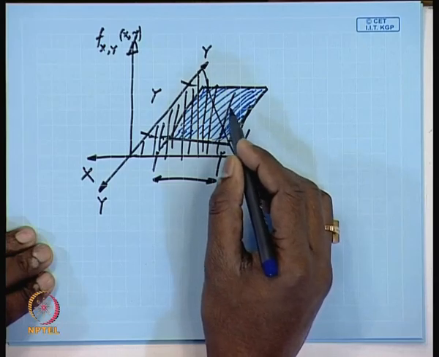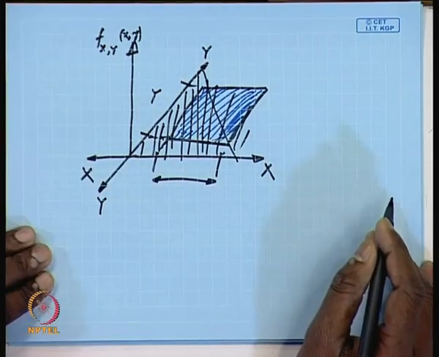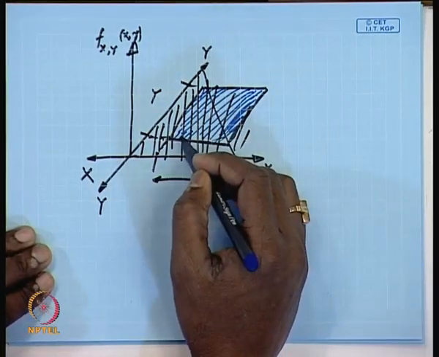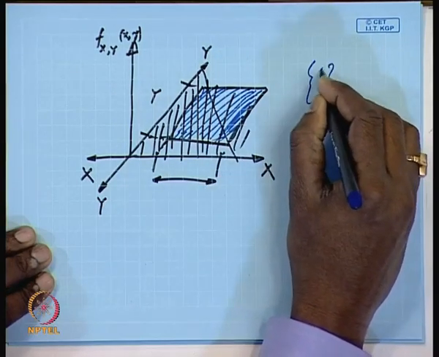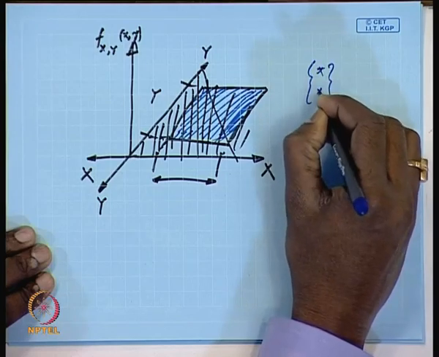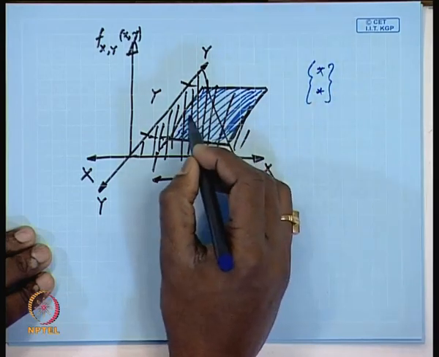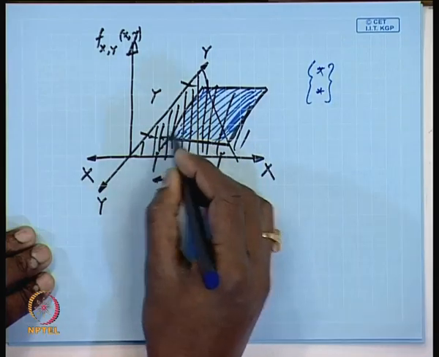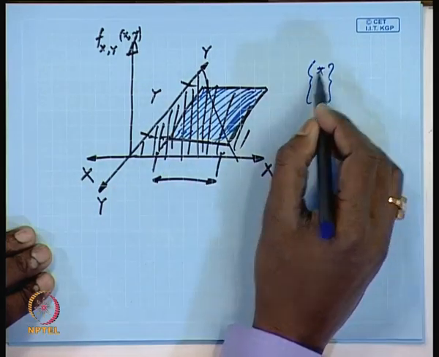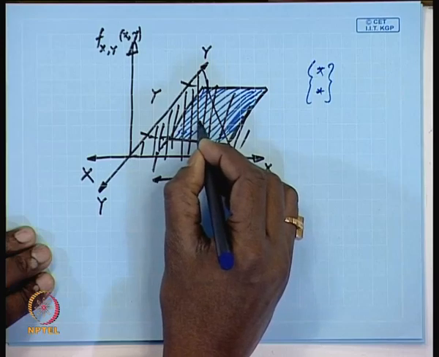Here we used one word, the n-tuples. In the bivariate case, only two things are associated, because x equal to some value and y equal to some value refer to one point here.